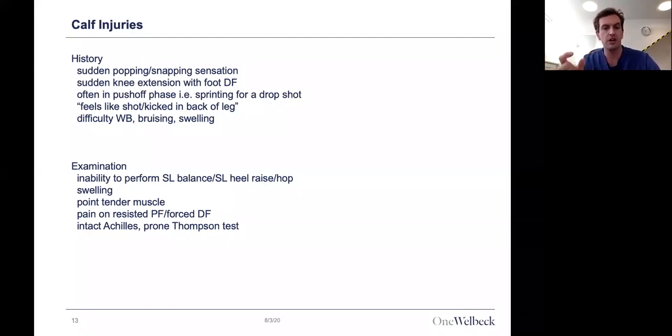In someone who's lost that complex, who's ruptured their Achilles, for example, we will lose that plantar flexion tone, and you won't be able to see the forefoot when they're lying with their feet hanging over the bed in a prone position. The other test that we have is a Thompson test, which is a squeeze test where we squeeze the calf and we're looking for passive plantar flexion with an intact Achilles complex.